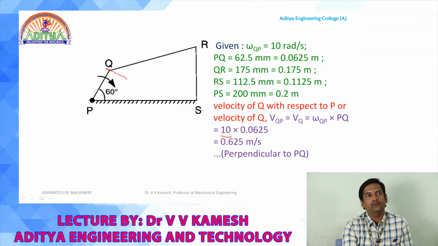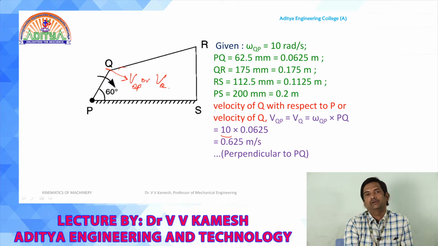This is the velocity QP, and the same thing we can write as velocity Q, because P is the fixed point, so the fixed point need not be written on the velocity. At the same time, the other velocities: QR will be perpendicular to the link like this and RS will be perpendicular to its link like this.